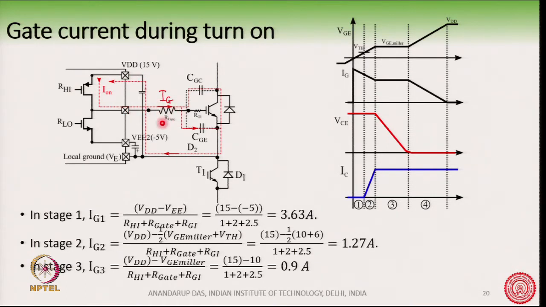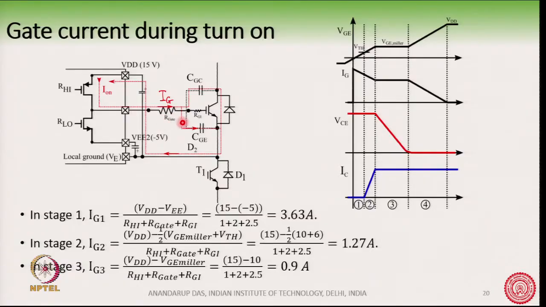This is a resistance which we will externally connect, because we would like to control the gate current, how much is the turn on interval, and the time for which stage 2 and 3 last, so that we can control the switching losses of the power device.